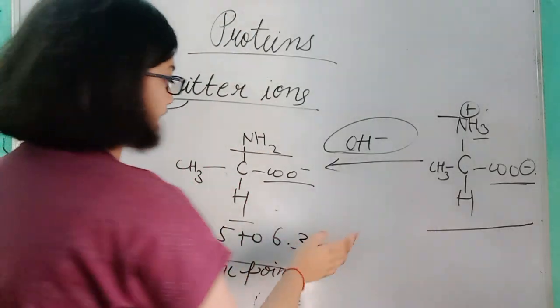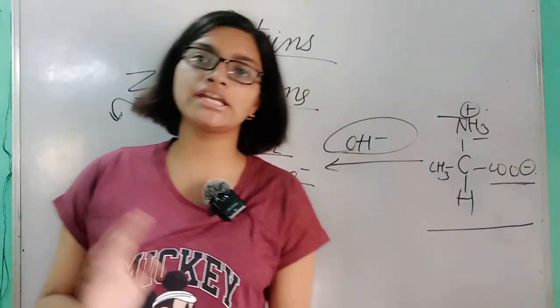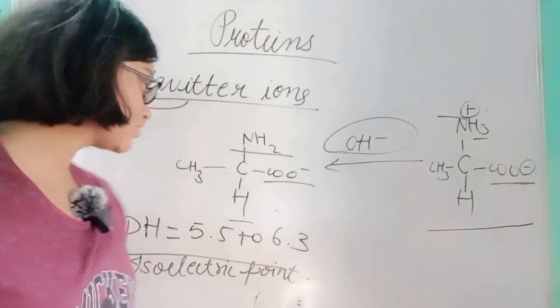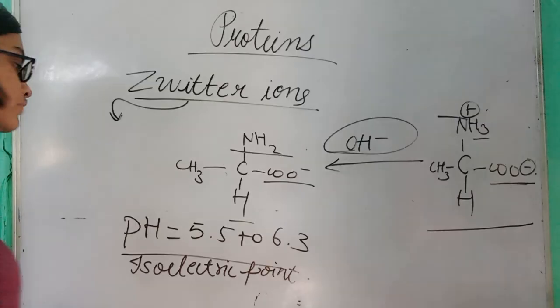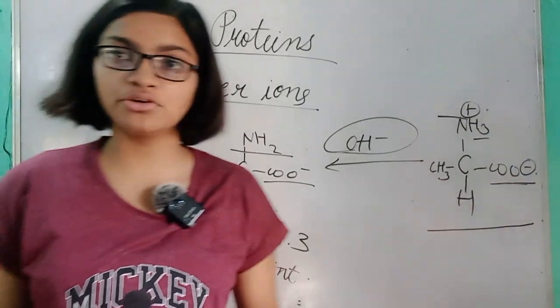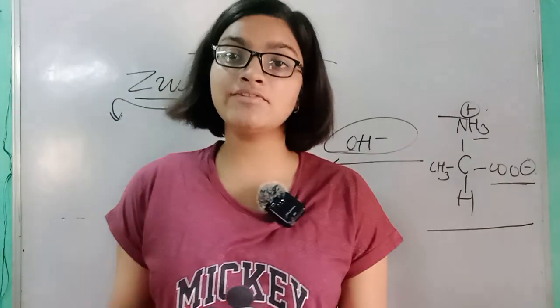When it is kept in acidic medium, it forms a basic ion. At a particular pH, it migrates neither towards the cathode nor the anode, which is known as the isoelectric point, ranging from 5.5 to 6.3. And also we have studied the DNL configuration, determined by the position of the NH2 group. If the NH2 group is present on the right side, it is D. When it is present on the left side, it is L.